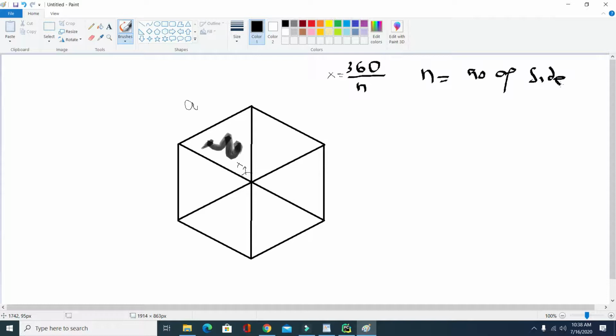So the total area, which is A, will be n times the area of one small triangle, so let's denote it by AT.